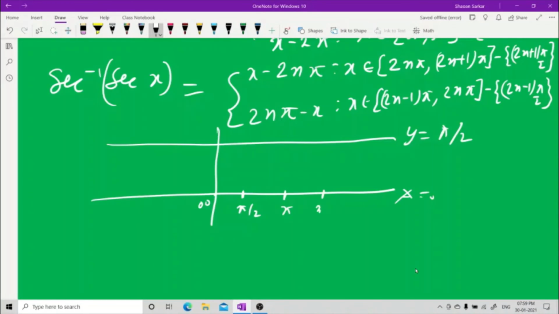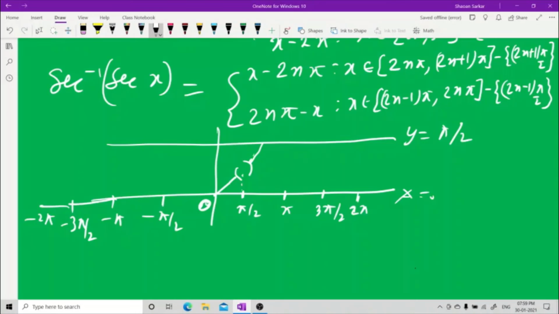This is your 3 pi by 2. This is your 2 pi. And similarly, let me draw minus pi by 2, minus pi, minus 3 pi by 2, and 2 pi, minus 2 pi. See, this is the point 0. You will draw the line exactly this way, but at this point there will be a gap.